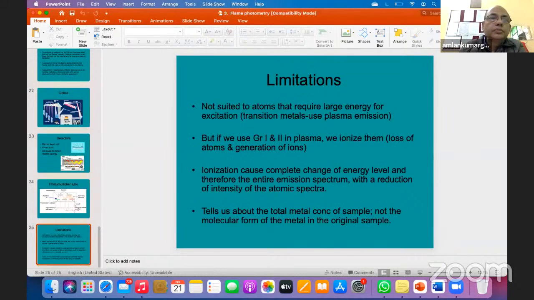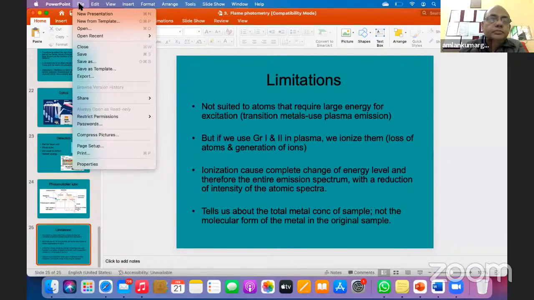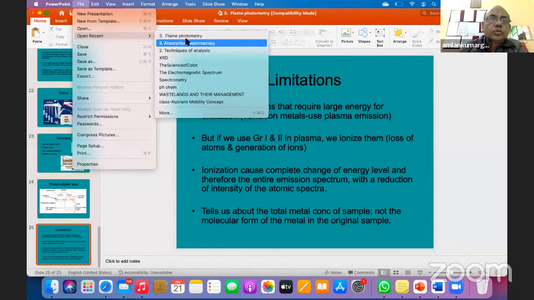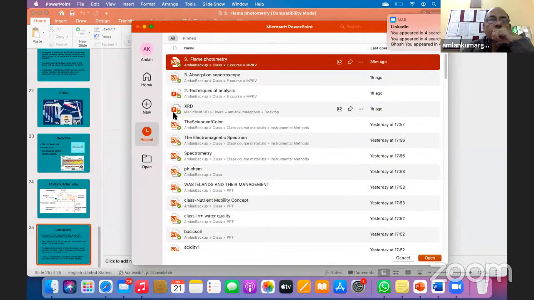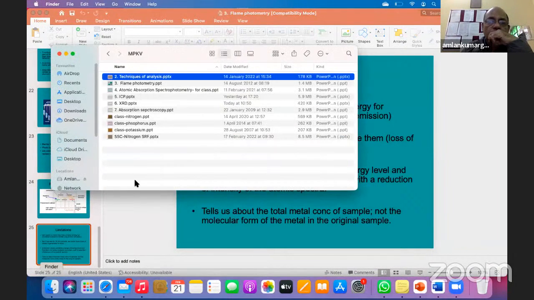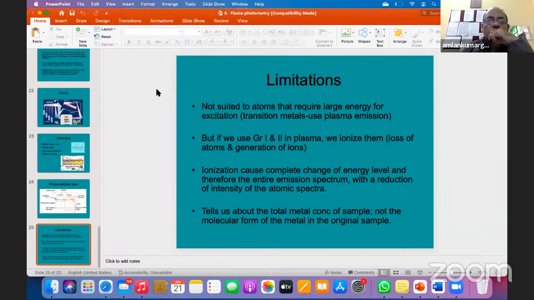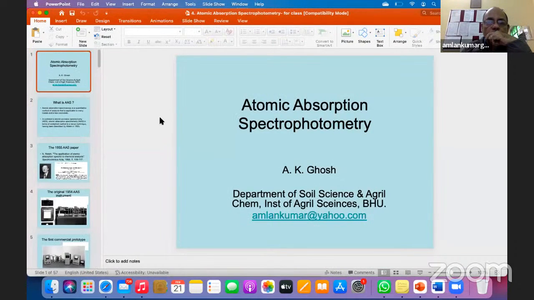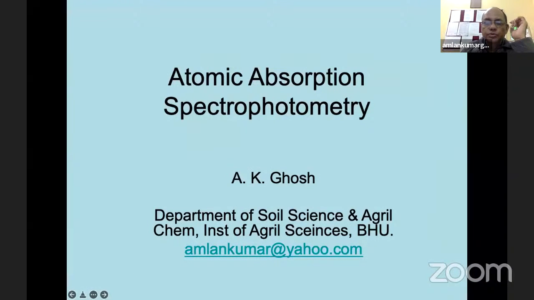Then slightly more advanced instrumentation is the atomic absorption spectrophotometry or spectroscopy, whatever you call it.